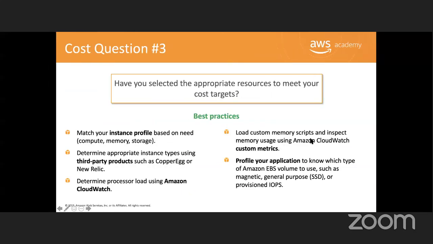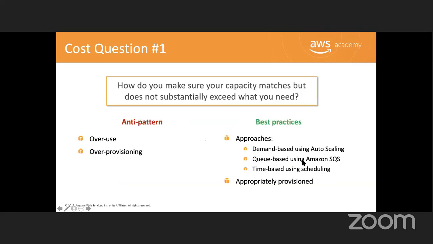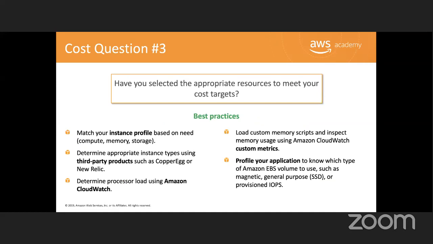Performance monitoring. Determine processor load using Amazon CloudWatch monitoring. Load custom memory scripts and inspect memory usage using Amazon CloudWatch custom metrics. Profile your application to know which type of Amazon EBS volume to use, such as magnetic, general purpose SSD, or provisioned IOPS.